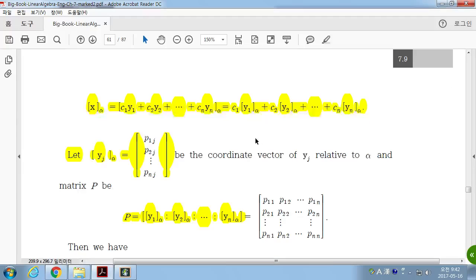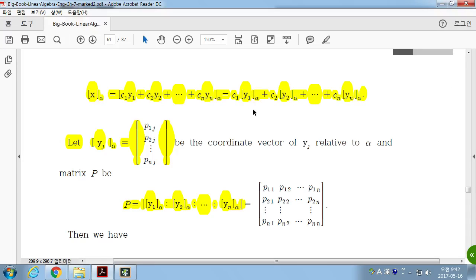Now we need to think about each of these. For an arbitrary one of these, let's say for j, think about the coordinate vector of yj with respect to alpha.